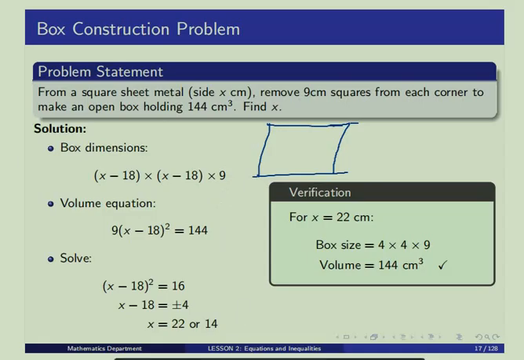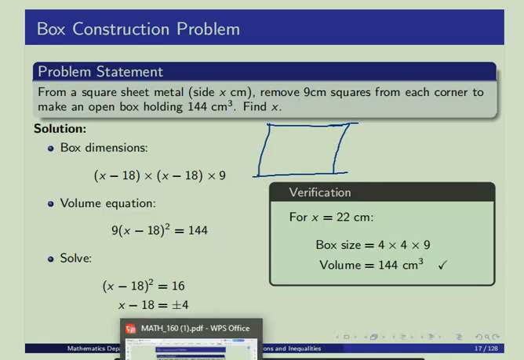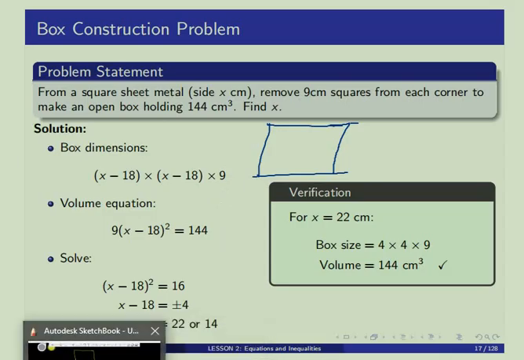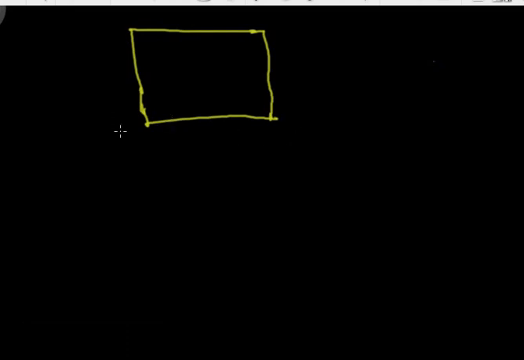Then find x. So what this is telling you is that you remove 9 centimeters. So remember, you remove 9 centimeter box from each corner.